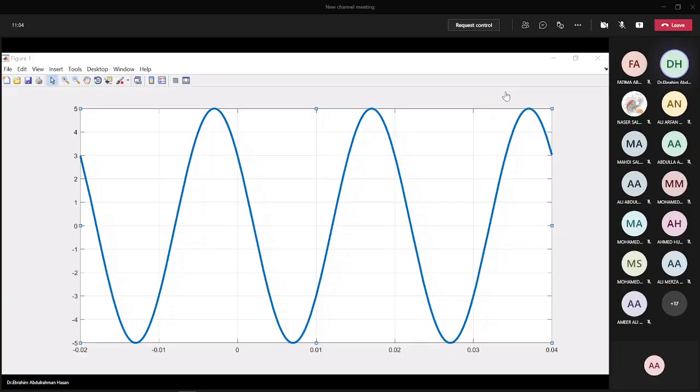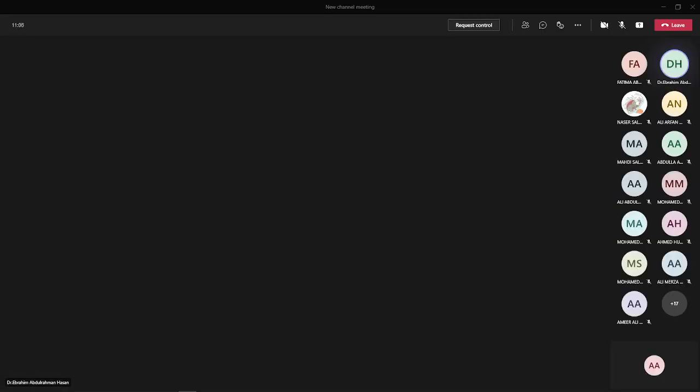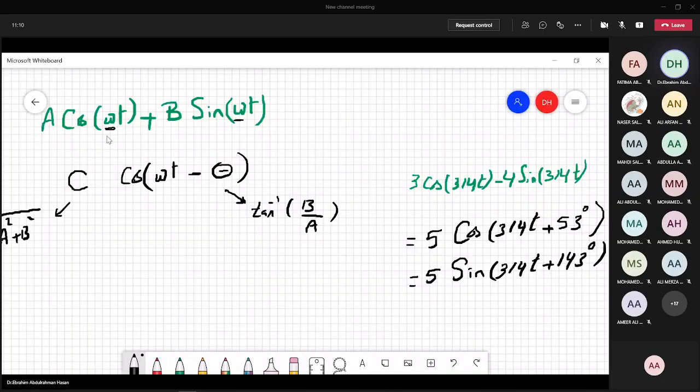The point is, if we have sine or cosine with the same omega added together, then the outcome will be a pure sinusoid but with different magnitude. It wasn't 3 and it wasn't 4, it became 5, and the shift is not 0 or 90, it is 53.